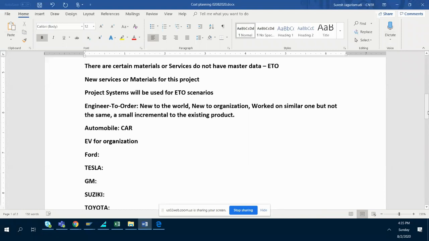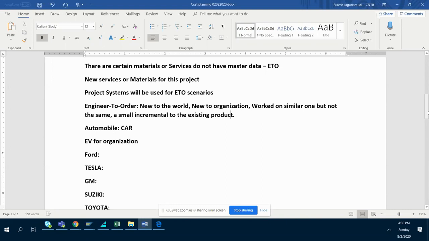Suppose you are a consultant and you are going and implementing SAP for an electric vehicle business process. Now tell me what is your recommendation. Actually, it is assembling to order only, because we are going to be assembling only. Okay, if it is assemble to order, fine. Now tell me, do they have a fixed BOM for that electric vehicle?